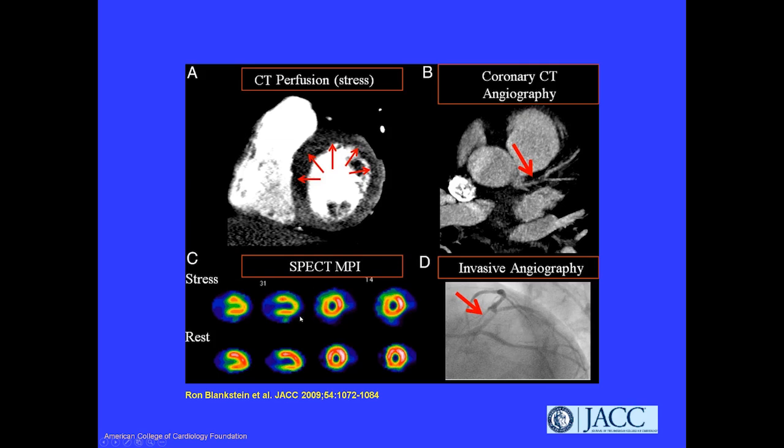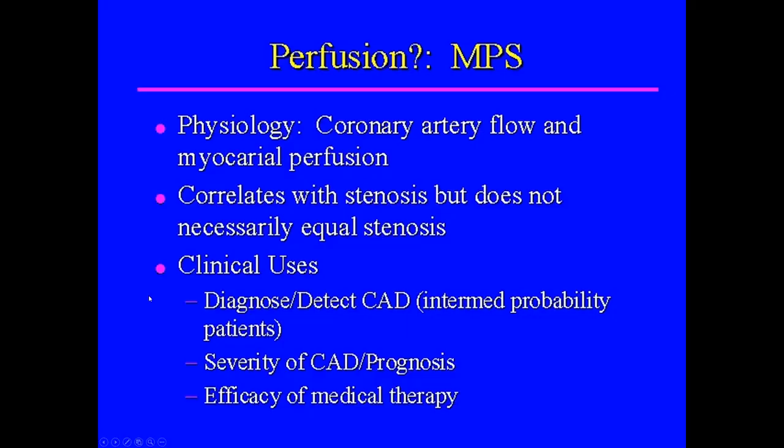But when you look at this SPECT MPI, you immediately see where the areas of ischemia are compared to something like the CT, where you have to look a little bit more carefully. Very quickly you can identify them because of the great contrast offered by nuclear medicine, which is the strength of nuclear imaging. So it still remains a very viable modality in detection of coronary disease.